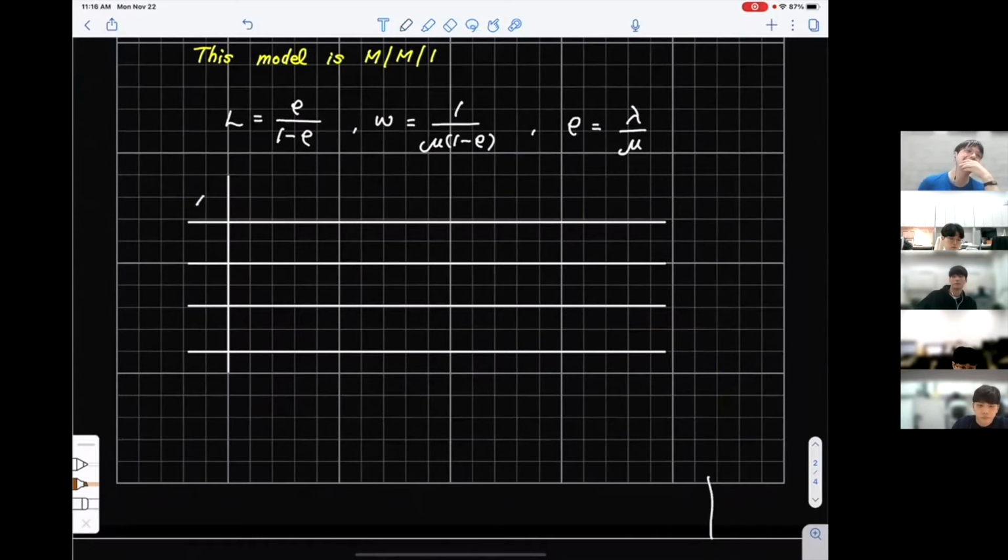Let's insert lambda here: 5, 6, 7.2, 8.64.